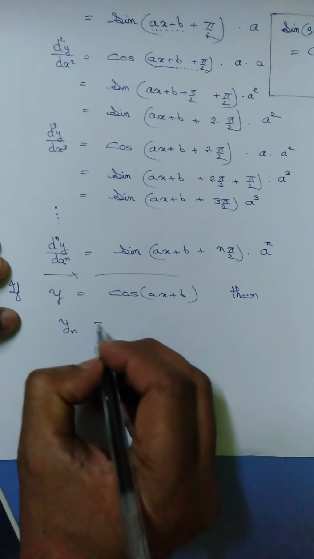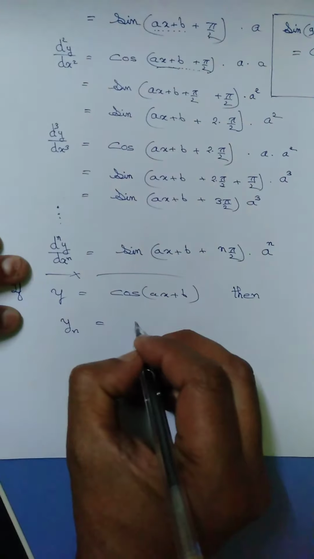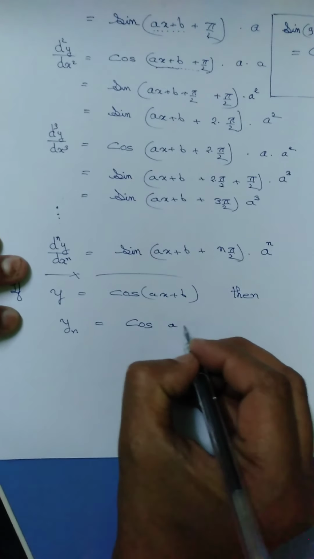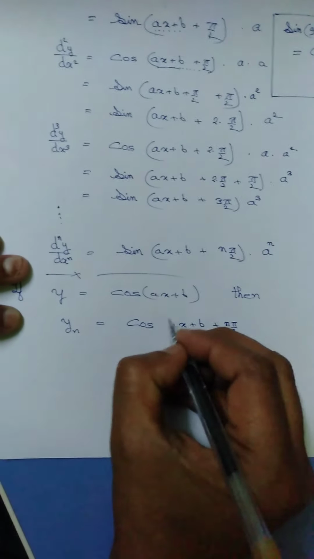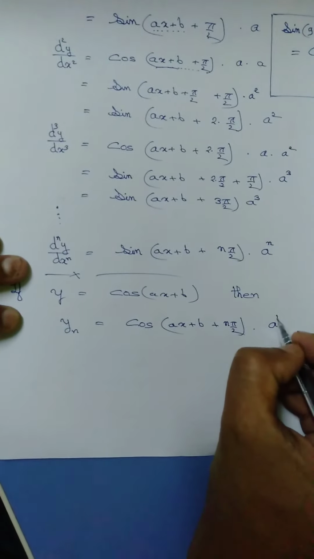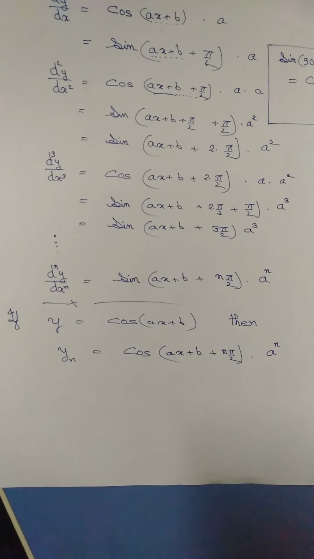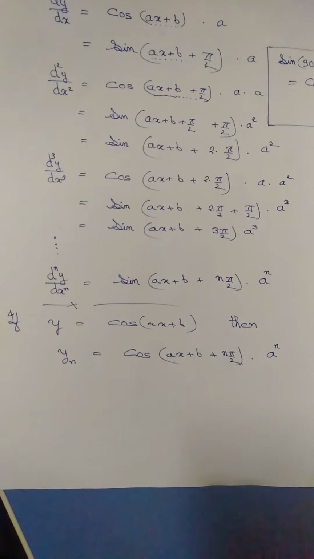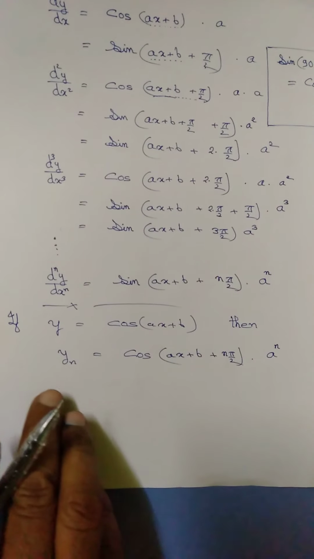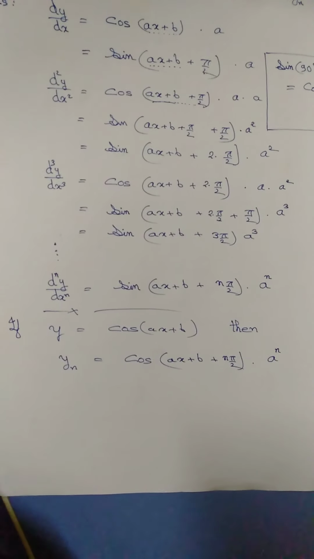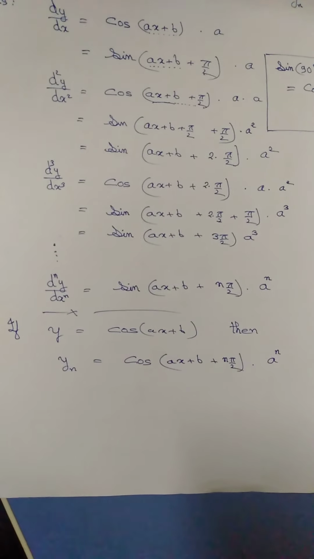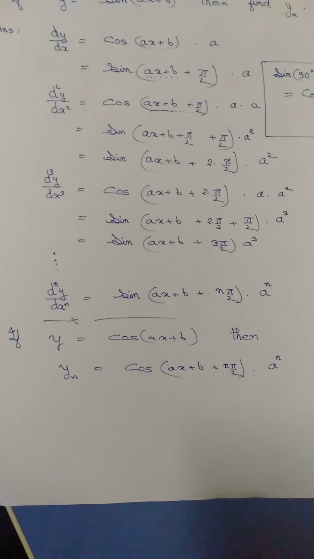The nth derivative should be cos of ax plus b plus n pi by 2, into a to the power n. Okay, similarly you can derive other identities. Let's proceed to Leibniz rule or Leibniz theorem.